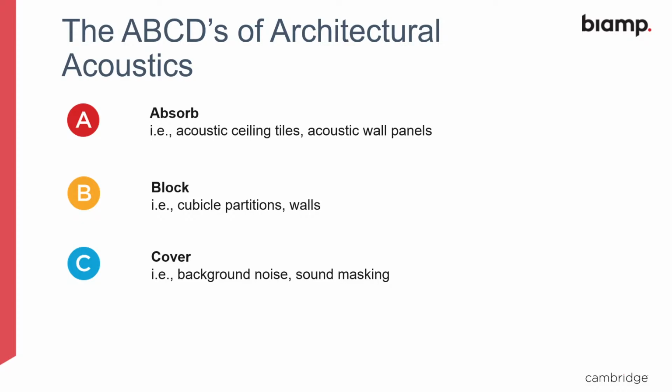So that's where the sound masking system comes in: your speakers, your emitters, your control system. And like you mentioned earlier, the Biamp Cambridge stuff is perfectly matched to that. It makes it easy to install and commission those systems in that environment to do the cover. And that's sound masking.